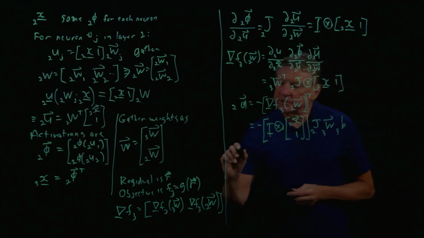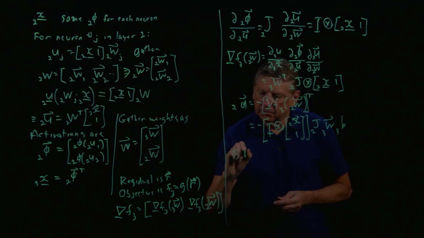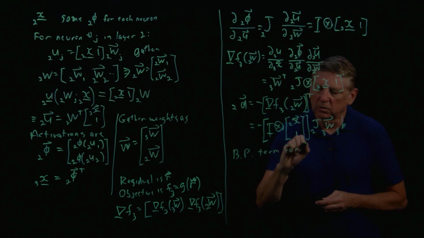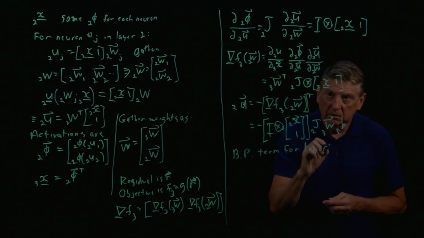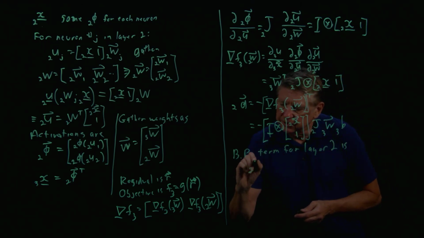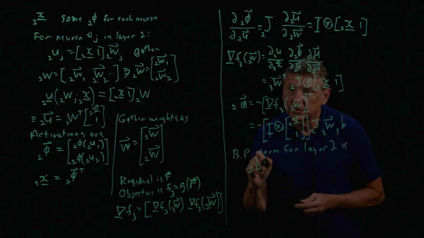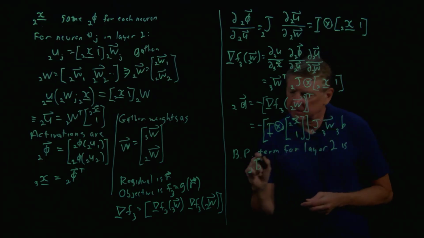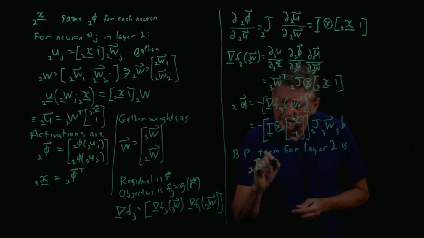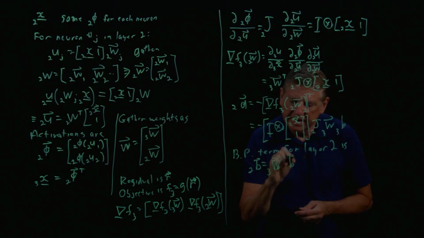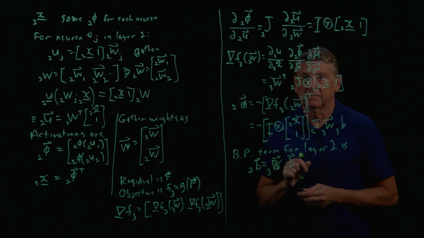So the backpropagation term for layer 2, the backprop term, that should be a vector here, is the weight vector at layer 3 times the backprop for layer 3.